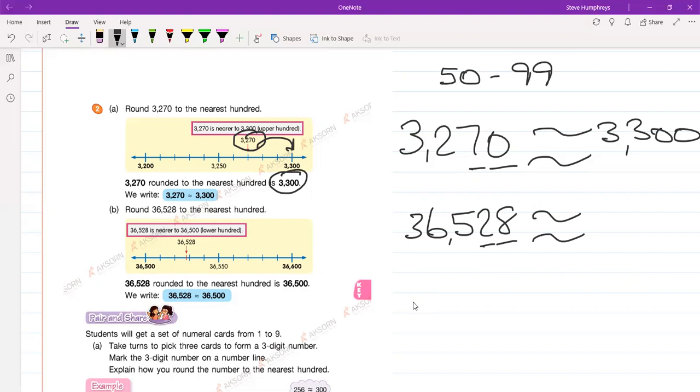So, I said earlier, if your last two digits are between 1 and 49, you round down to the nearest multiple of 100. So it will be 36,000, round it down.